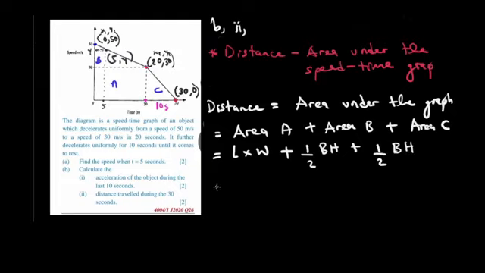So this is going to be equal to, what is the length? The length is 20, right? The distance from this point to this point is 20. So the length of 20 multiplying the width of 30, plus half, what is the base?